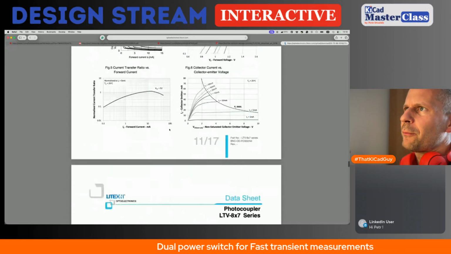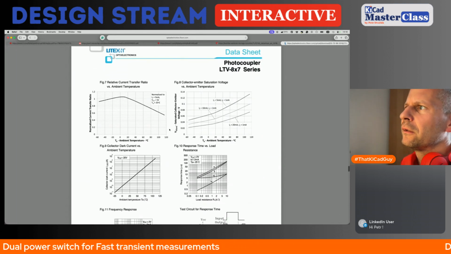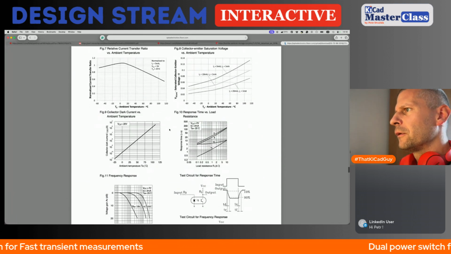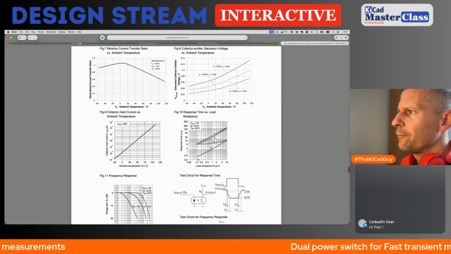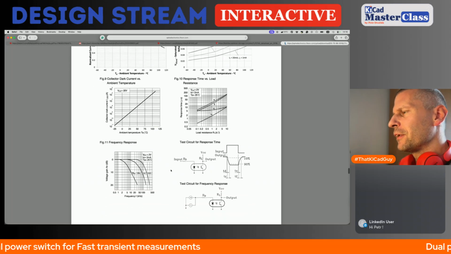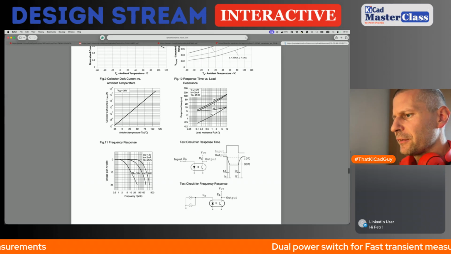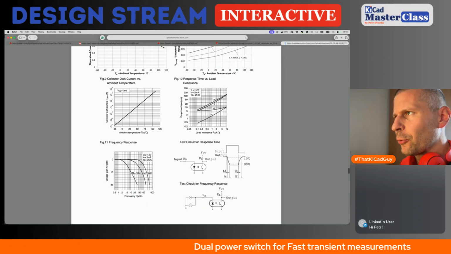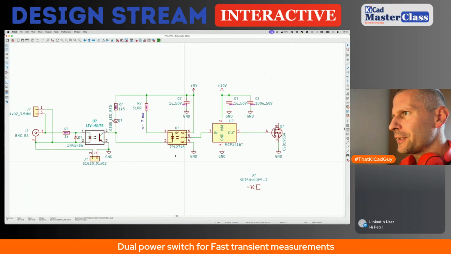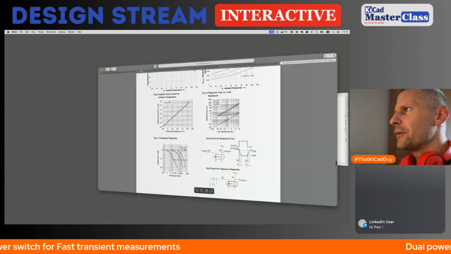We need some time characteristics. Load response time. Load resistance is quite high. Yeah. Definitely, I will use the following digital output optocoupler because of its characteristics and driving capability.